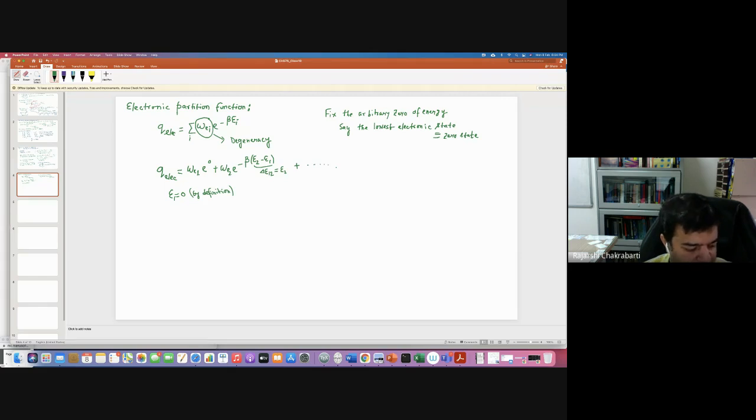Now, for the helium atom, I'll just give you some data. For the helium atom, the ground state is singlet and the excited state is triplet, which you have done in quantum mechanics.